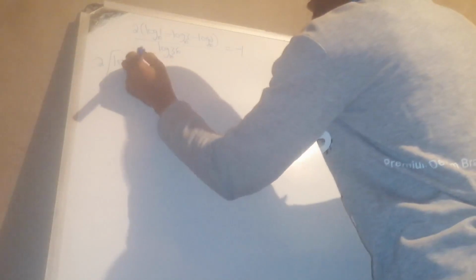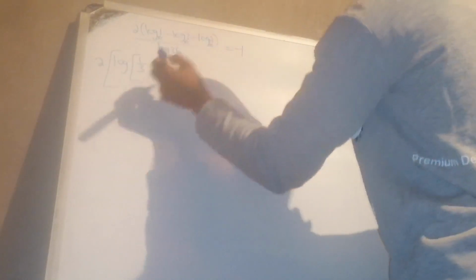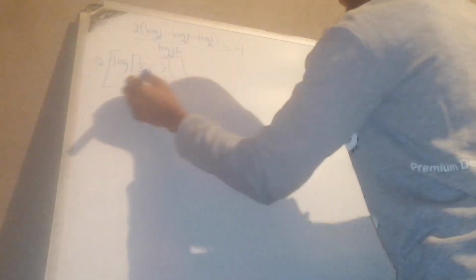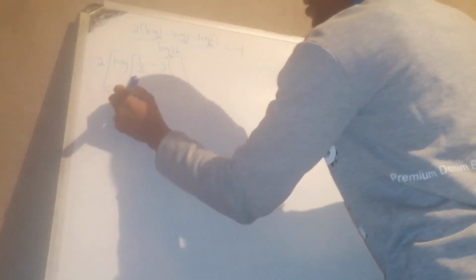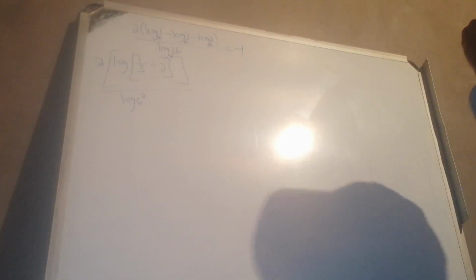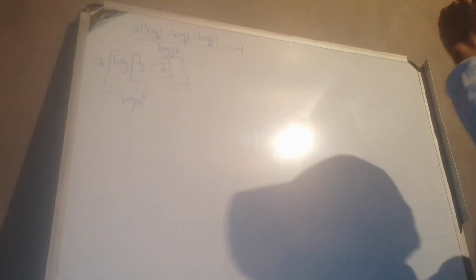I will have log of 1 divided by 3 divided by 2, all over log 36. What is 36? 36 is 6 squared, because 6 squared is 36.